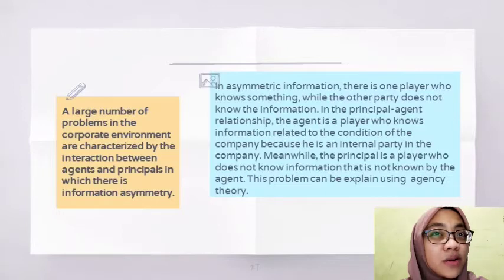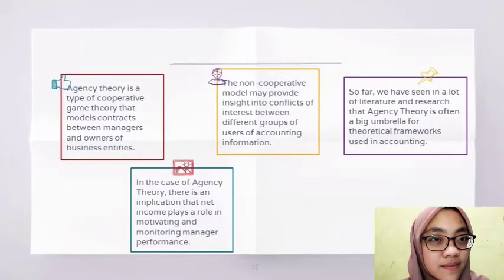In the principal-agent relationship, the agent is a player who knows information related to the condition of the company because he is an internal party in the company. Meanwhile, the principal is a player who doesn't know information that is known by the agent. This problem can be explained using agency theory.